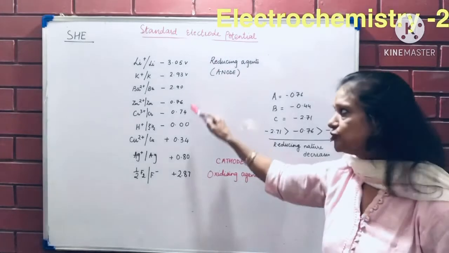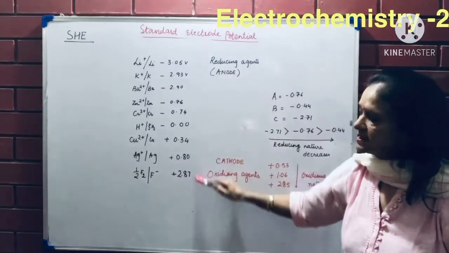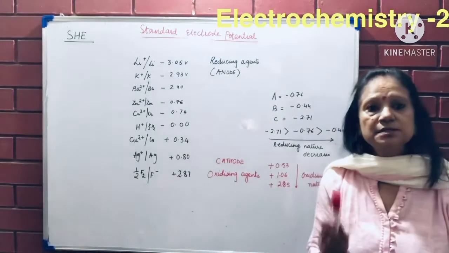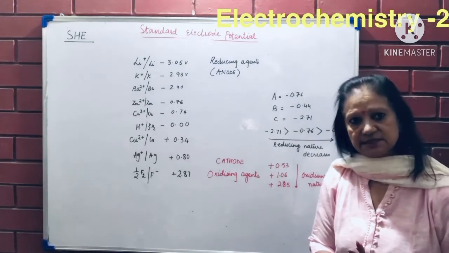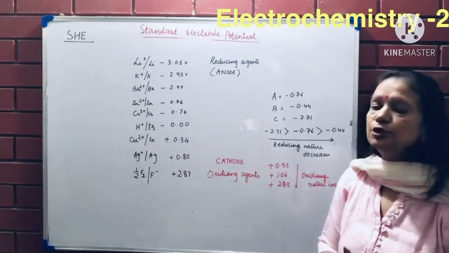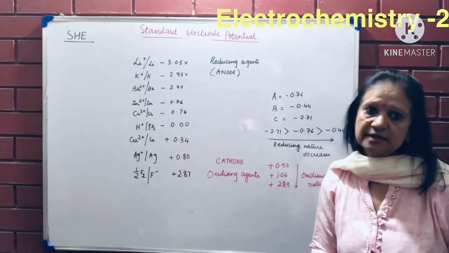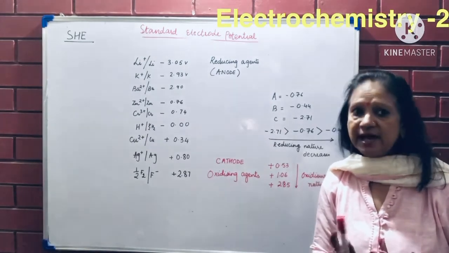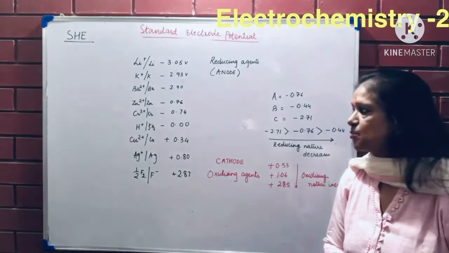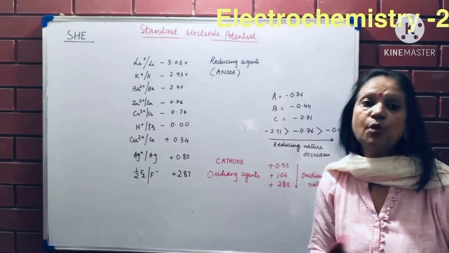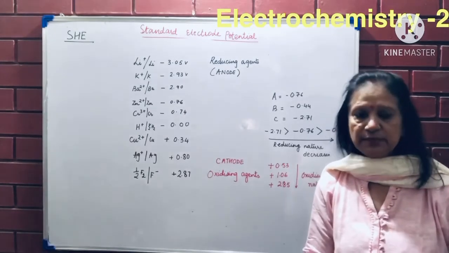The electrochemical series, which is this electrode potential series, is also going to tell you which metal will be able to displace the other one. The value of E° of the cell, that is cathode minus anode, should come as positive. If it comes as positive, we will say the reaction is possible, which is called a feasible reaction.